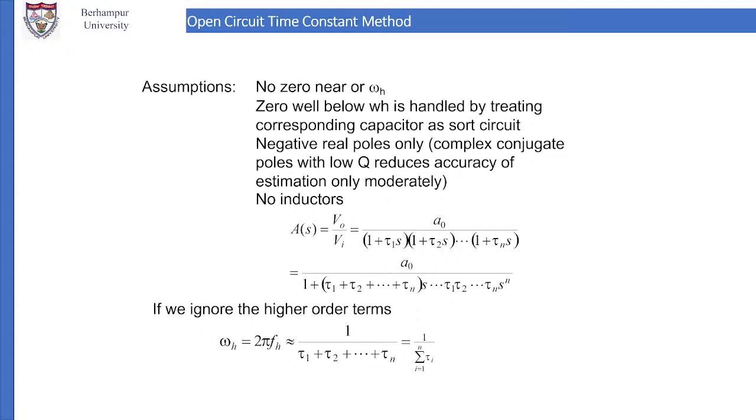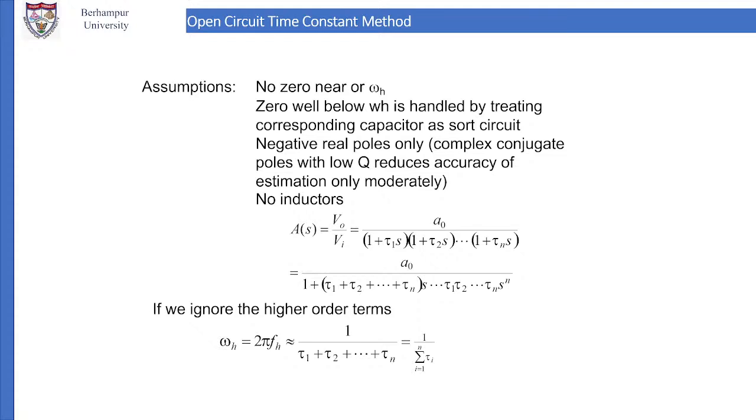So it means it has n number of poles. You can write that as A0 divided by, if you multiply all the terms in the denominator, 1 plus (tau 1 plus tau 2 up to tau n) into s, and so on up to tau 1, tau 2, tau n into s to the power n. So that will be the denominator.